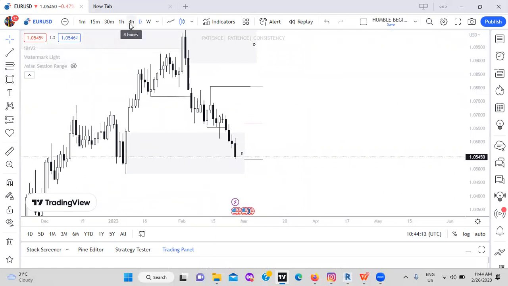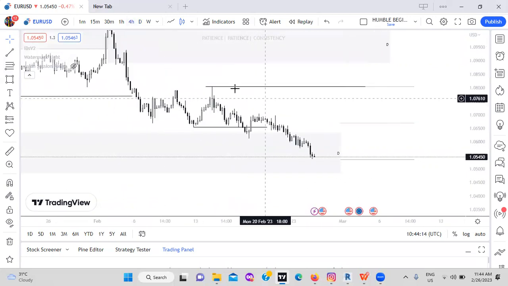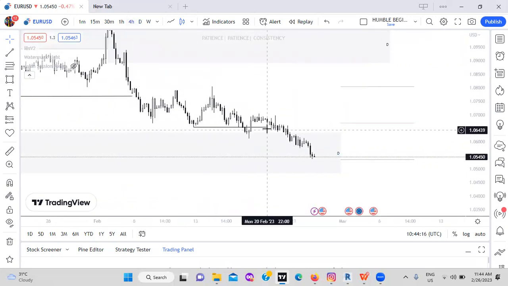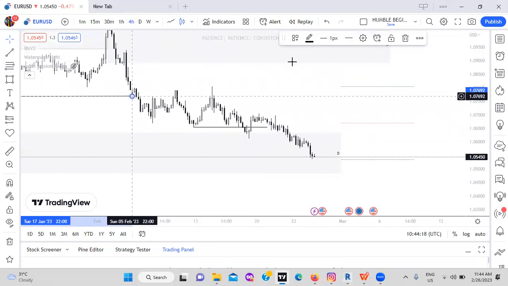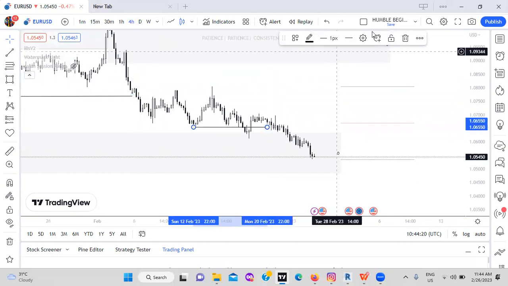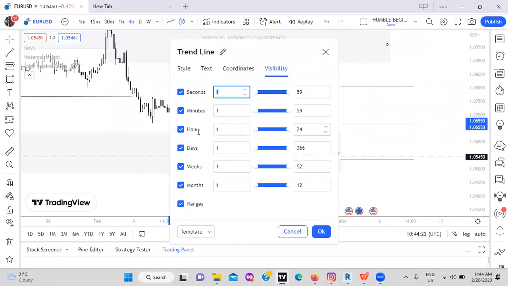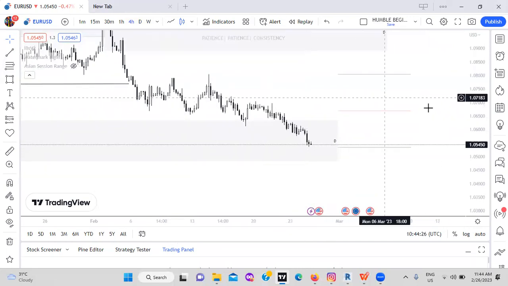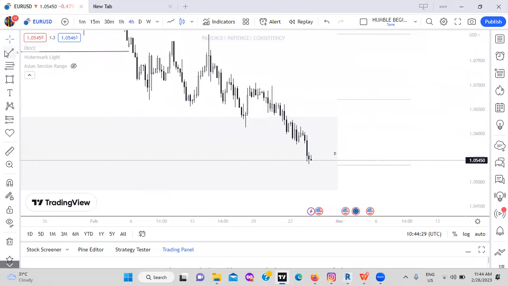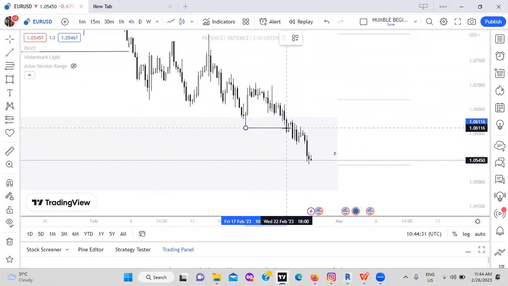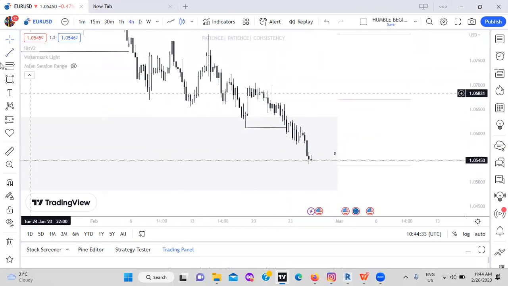So let's scale down to the 4 hour and see what we're dealing with exactly. I'm just going to hide these, make these not visible. Okay. On the 4 hour time frame, we have a break of structure at this point.